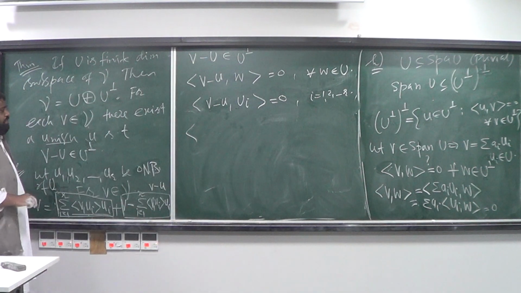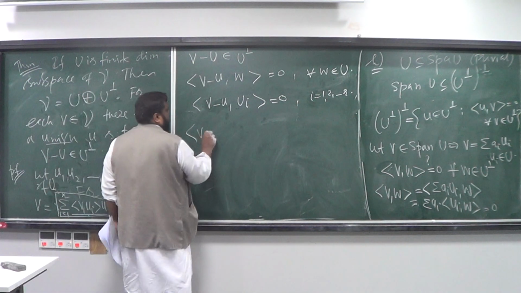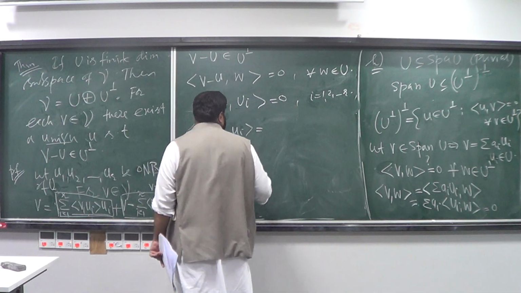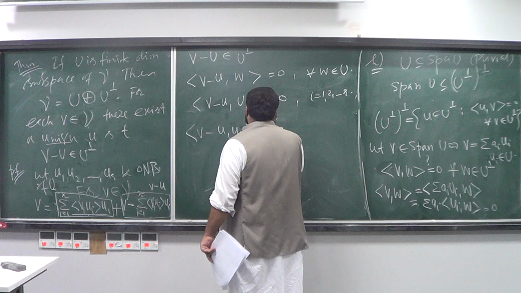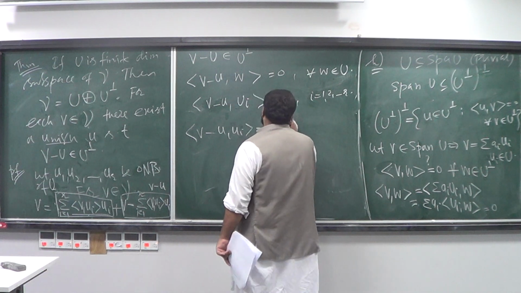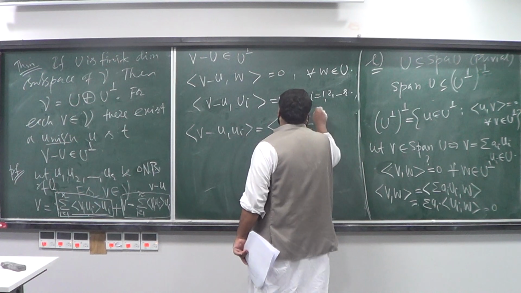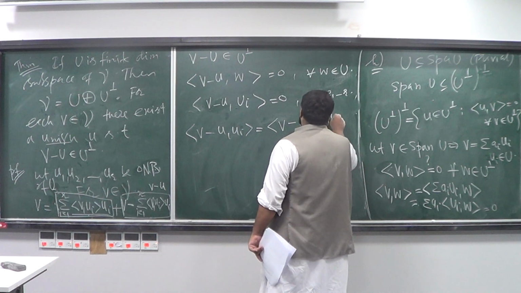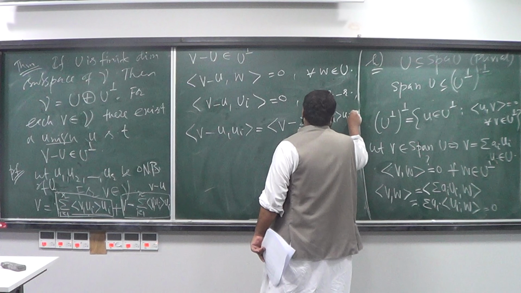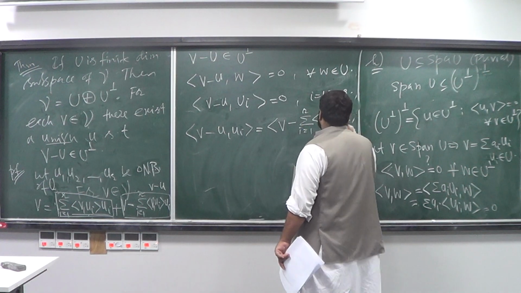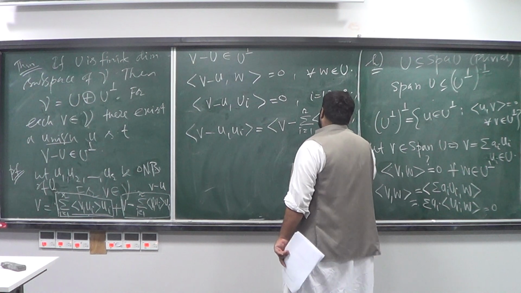So let's compute V minus U and its inner product with u_i. V minus U is really V minus the sum from i equal to 1 to r of the inner product of V with u_i times u_i, and we take its inner product with u_i.